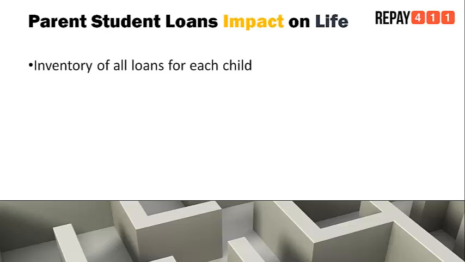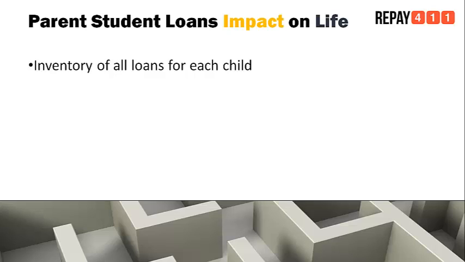So the first thing you need to do is get an inventory of all the student loans that each of your children have, since you may have co-signed for some private loans. There'll be your loans that would have been through either the PLUS loans or maybe you took a home equity. There are their loans that would be the federal programs such as the Stafford, or they could have a Perkins or a Grad PLUS.